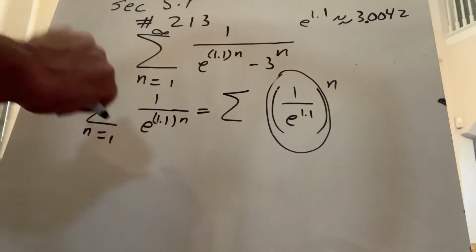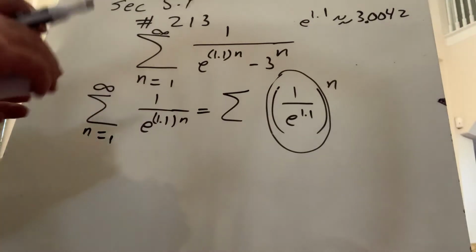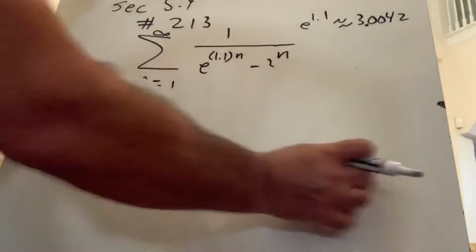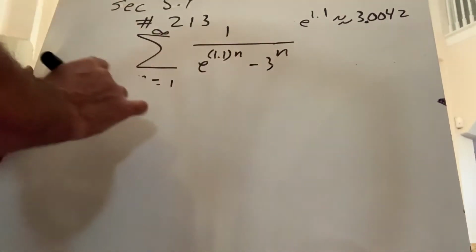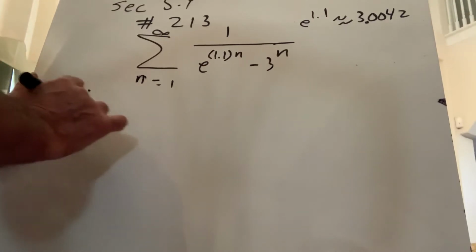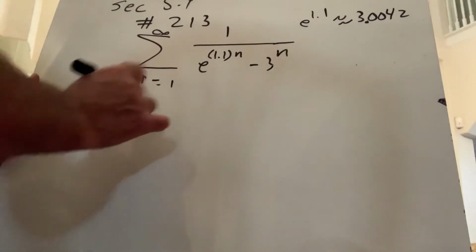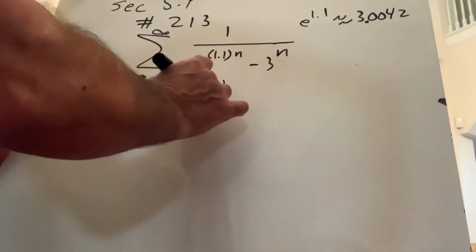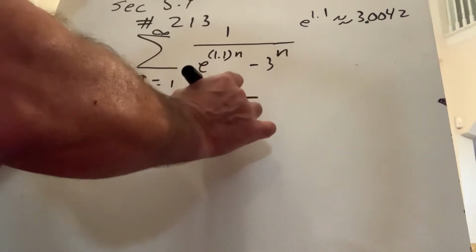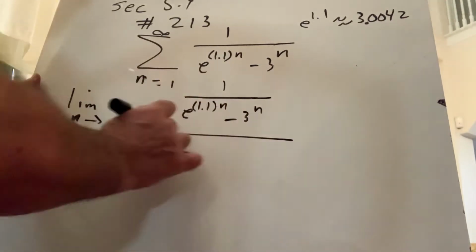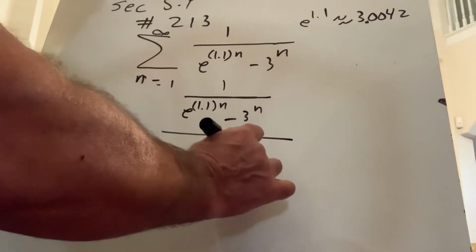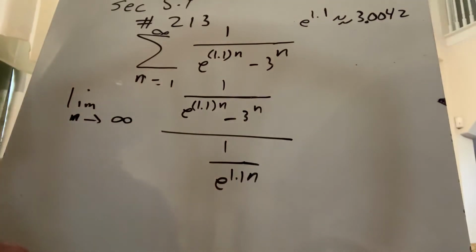Anyway, we're going to compare to this series and see if we can get a limit. We're going to look at the limit as n goes to infinity of our nth term of the series, 1 over e to the 1.1 times n minus 3 to the n, all over 1 over e to the 1.1 times n, which is what we decided was the nth term of a geometric series.